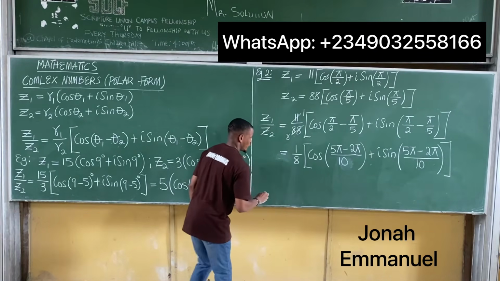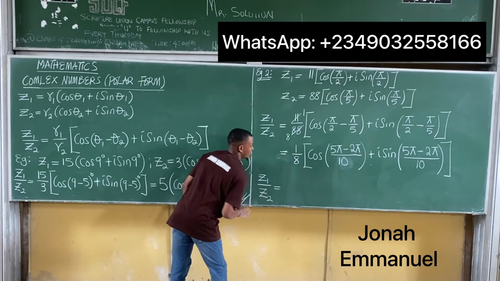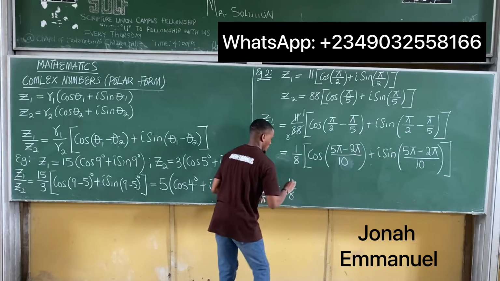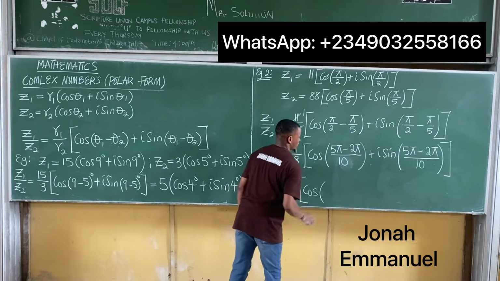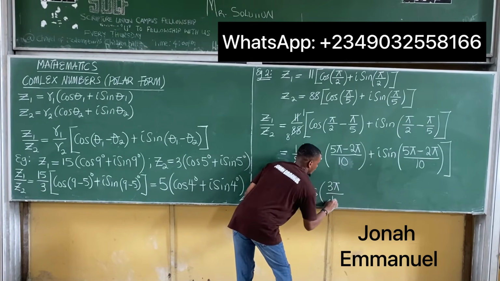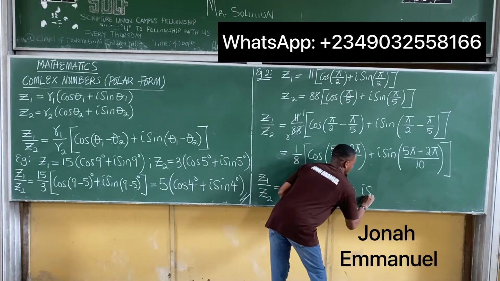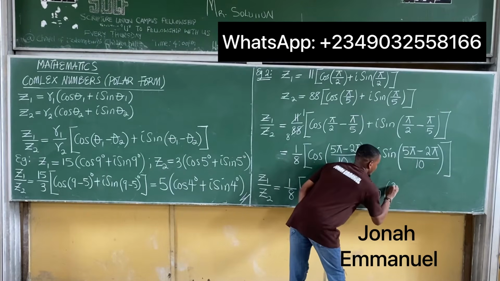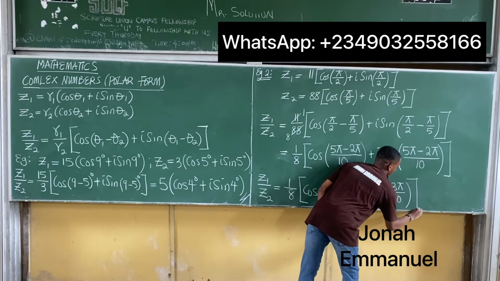So that means that Z1 over Z2, on final simplification, gives you 1 over 8 into cos of 5 pi minus 2 pi, which gives you 3 pi all over 10, plus I sine of 5 pi minus 2 pi is 3 pi all over 10. So I have this answer.